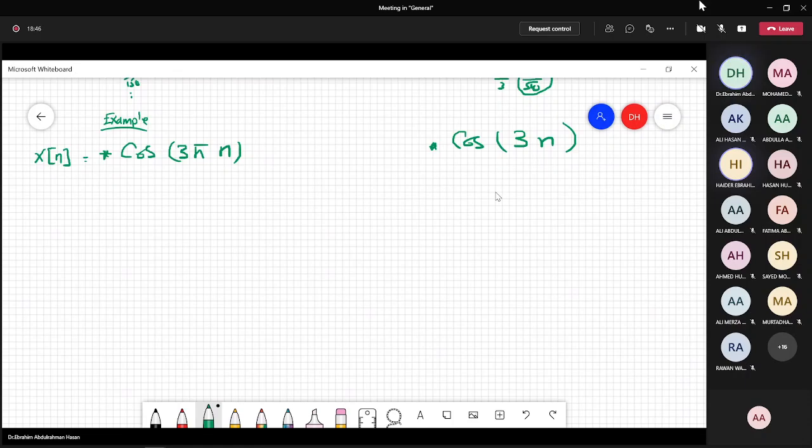And this one? Supposed to be the same. Okay. And discrete, it means that it is defined at integer. So at 0, this is equal to 1. At 1, it is cosine 3 pi. Cosine 3 pi is equal to -1.